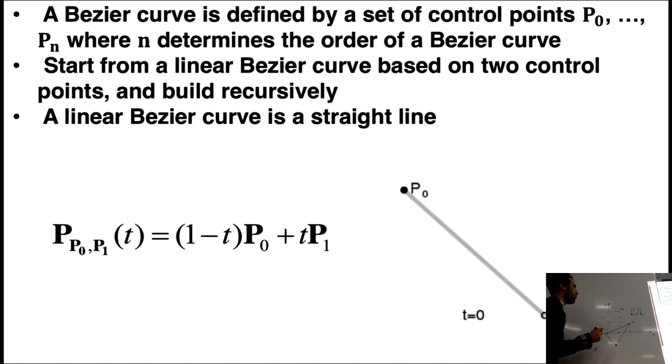So when we say things like P1 minus P0 is the difference, it really means this vector minus this vector is this vector.